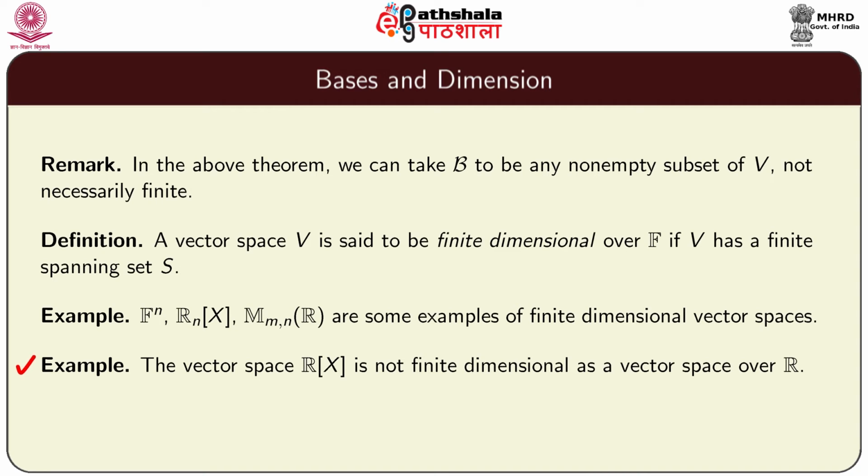But the vector space R[x], that is the collection of all polynomials with real coefficients without any restriction on degree, is of course a vector space over the real field, but it is not finite dimensional. That means, we cannot find a finite spanning set for this vector space.